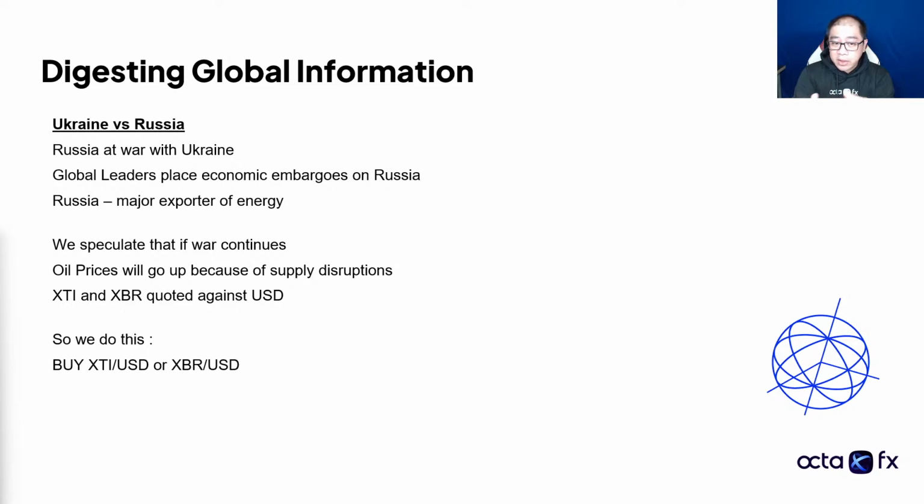So we speculate that if the war continues, oil prices will go up because of supply disruptions. XTI, US oil, and XBR, UK oil, are quoted against the US dollar. So we will buy XTI USD or XBR USD because we expect oil prices to go up.